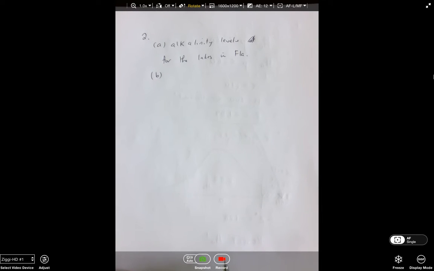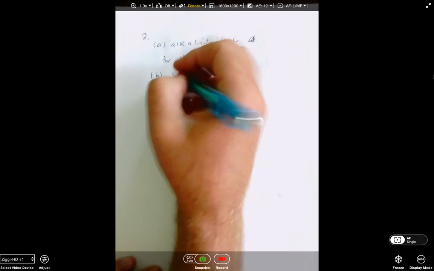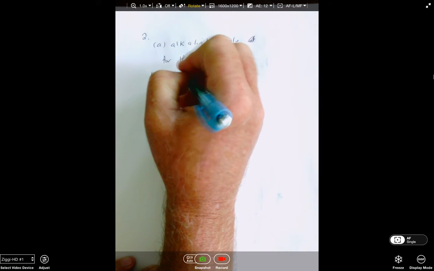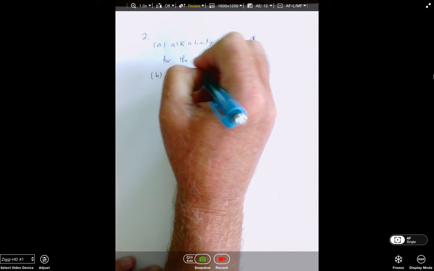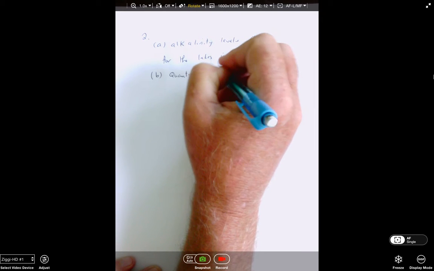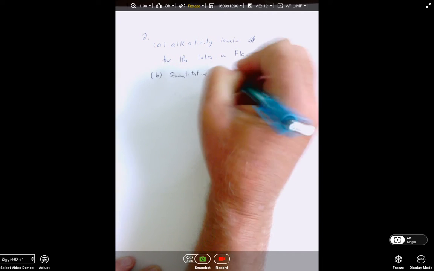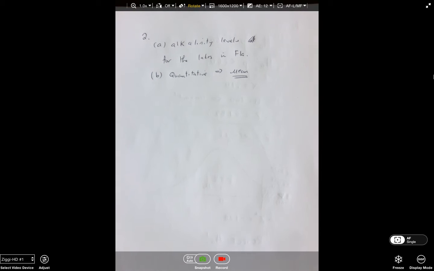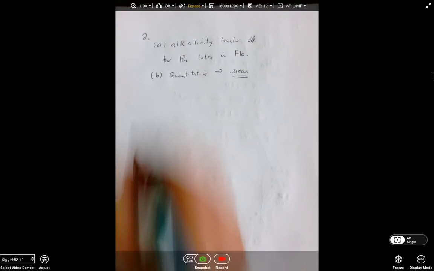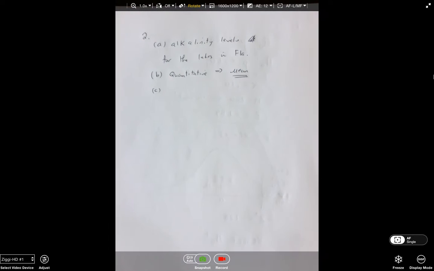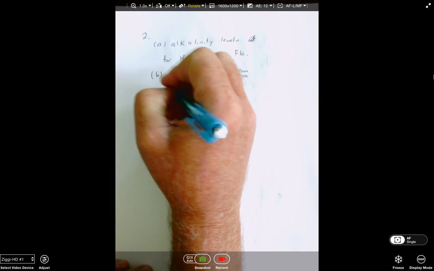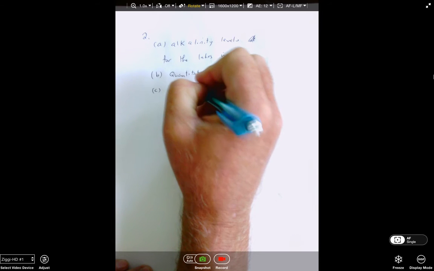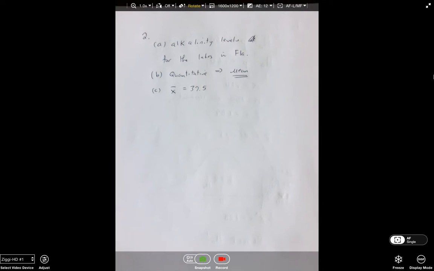Does this study pertain to quantitative or categorical data? Clearly quantitative, because the mean has been reported, the average. What is the value for the sample mean? That's the value that you get from the 53 selected lakes.